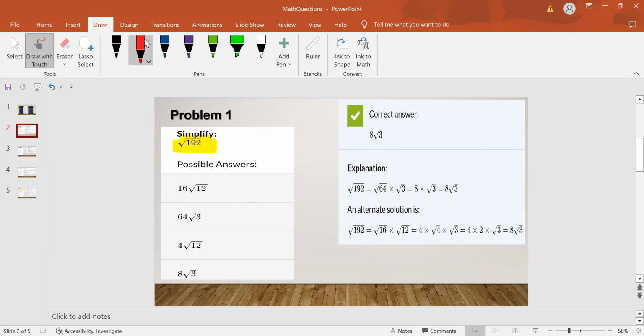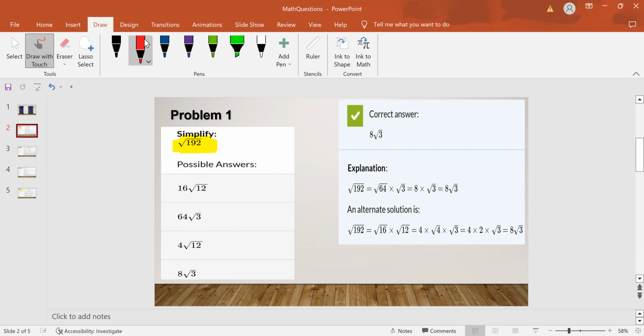If they give you this question in a test, they will not allow you to use a calculator. It's something you can do without a calculator. Even if it allowed you to use a calculator, the answer will not be a decimal, because if you plug 192 in a radical and you check, it will give you a decimal value.